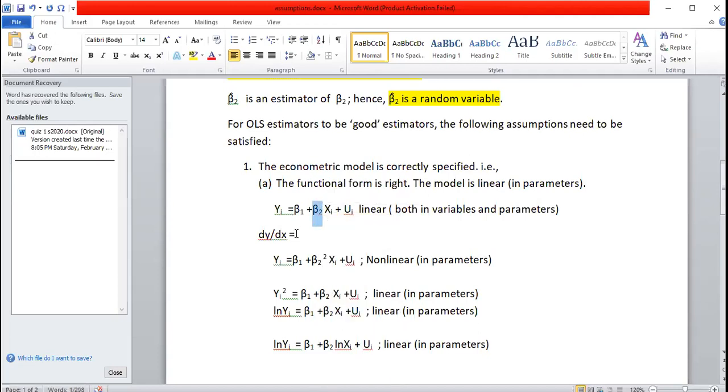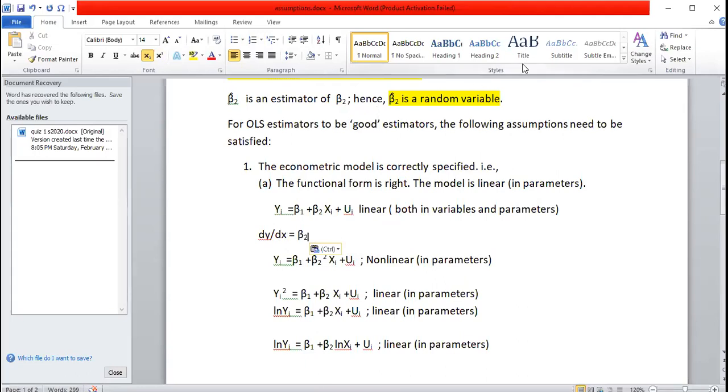Please ignore U for the time being for simplicity of our analysis. The very meaning of this derivative is, if x increases by 1 unit, by how much y increases. Here, if you get beta 2, then it's beta 2. If you get 55, then it is 55, and so on.